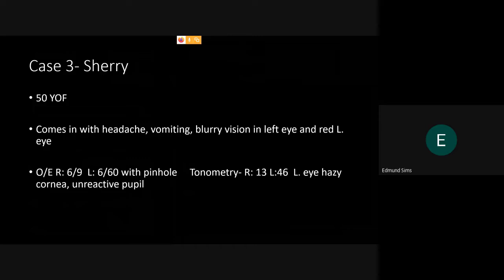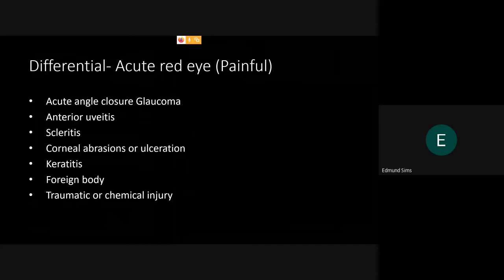There's quite a long differential. I think Sarah's suggestion of keratitis earlier definitely is a good suggestion, and then we'll go through all the other conditions that it could be. So this is the differential for acute red eye when it's painful.